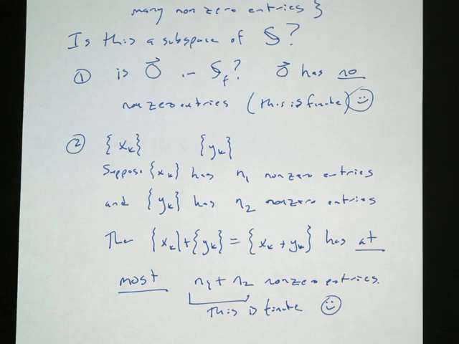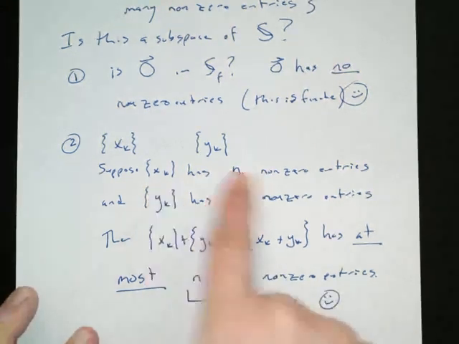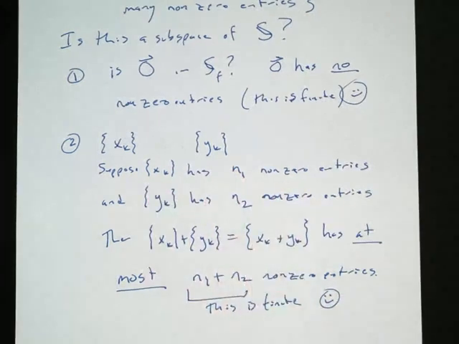What was property 3? Closure under multiplication. So pick one of those and multiply it by something. As long as you're multiplying by something other than 0, are you going to change how many things are not 0? If this starts with n1 non-zero entries and you multiply by 7, all of those non-zero entries are now just 7 times bigger.